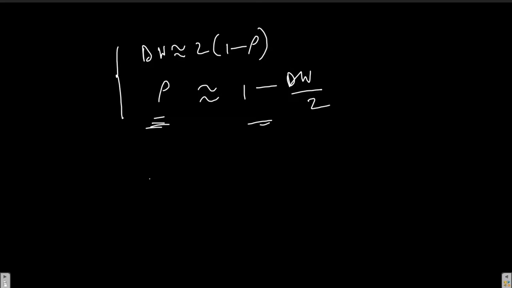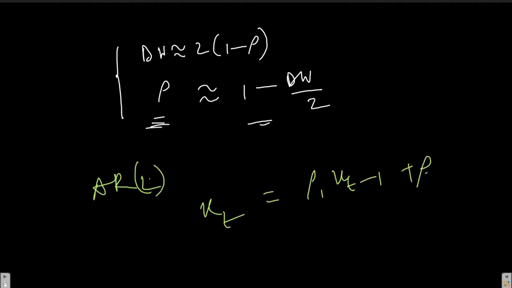But it could be an AR2 process, where my U t is nothing but rho 1 U t minus 1 plus rho 2 U t minus 2, plus some error term. Here I do not have a constant rho, I have rho 1 and rho 2. In this case, the simple formula may not work, so we have to do a little more iteration.